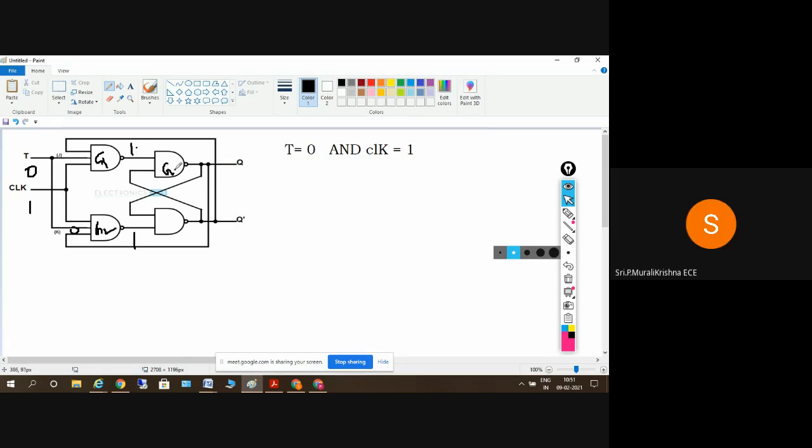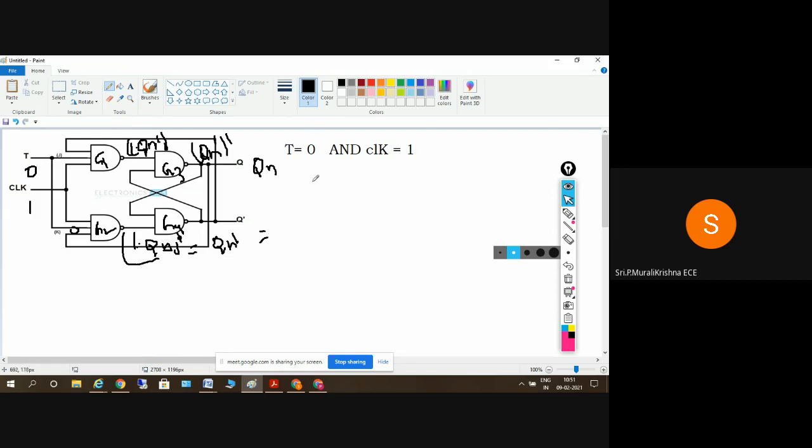And G3 and G4: G3 is 1 into Qn bar whole bar, so Qn bar whole bar gives a value of Qn. And here, 1 into Qn whole bar gives a value of Qn bar.